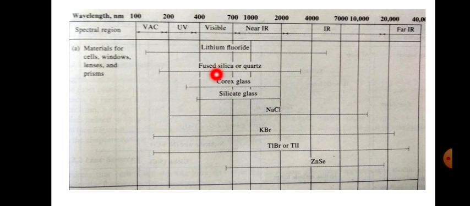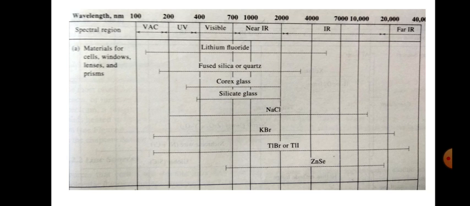Then you can see fused silica or quartz, which is totally transparent in the UV visible and even in the near IR region. That is why quartz or fused silica is the preferred material for making sample holders for a UV visible spectrophotometer. Then we have Corex glass and silicate glass, which are also used to some extent, but mainly in the visible region.